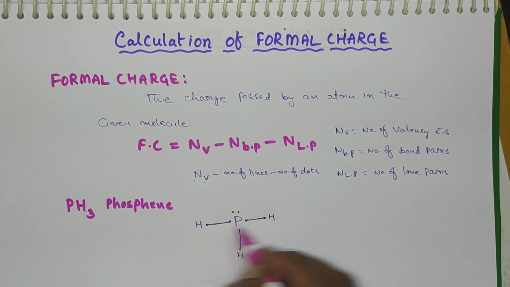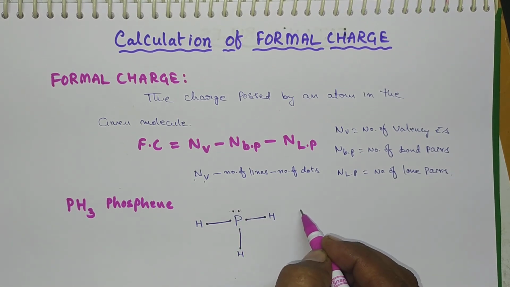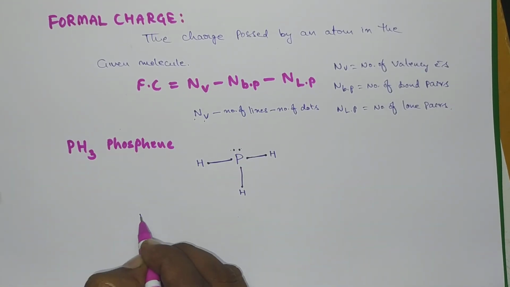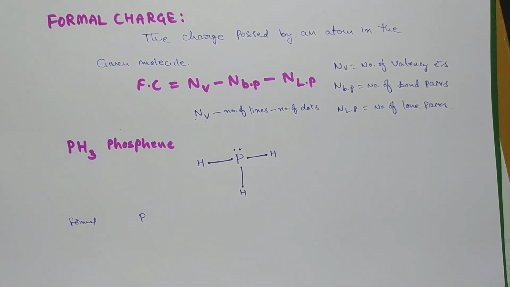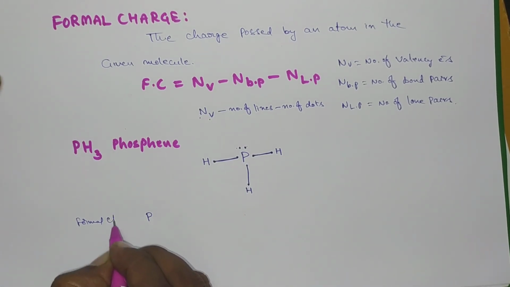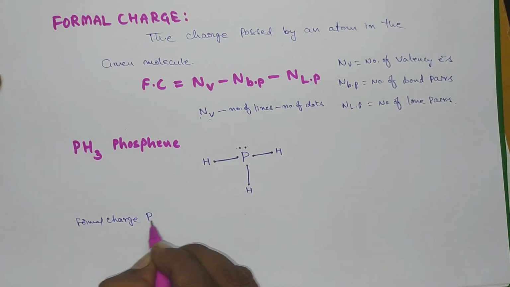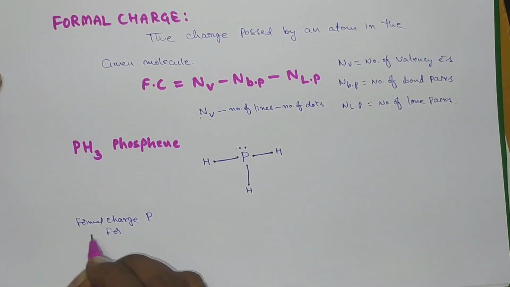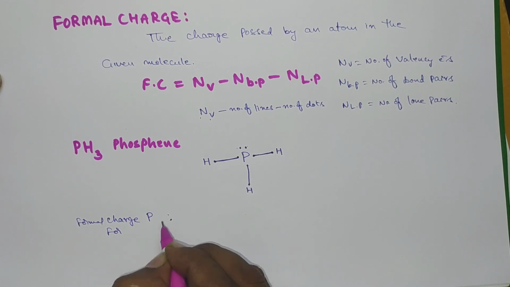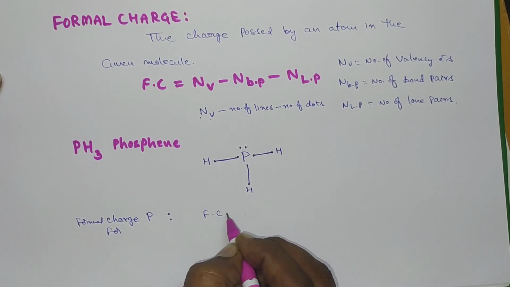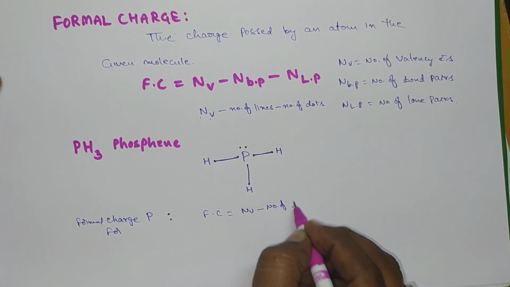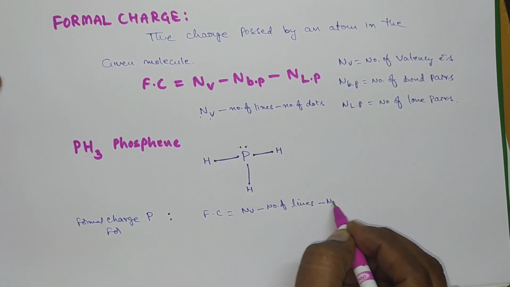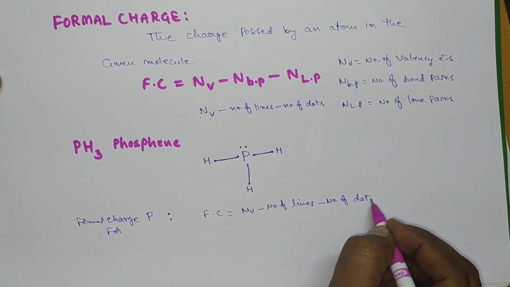So, let us consider the formal charge for phosphorus. Formal charge is equal to number of valence electrons minus number of lines minus number of dots.